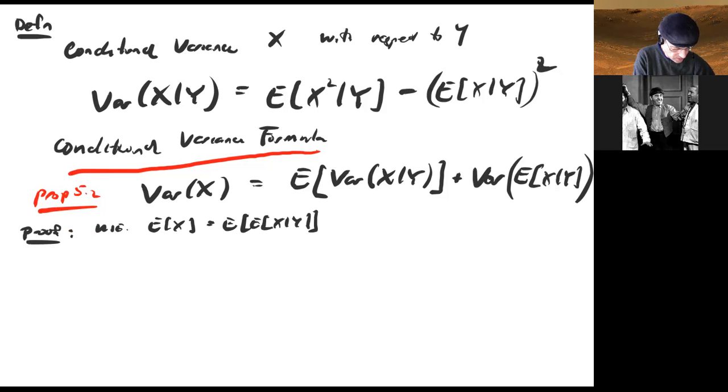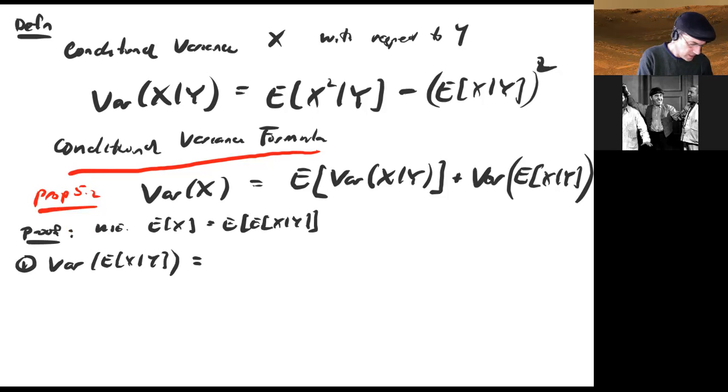There are two steps in the proof. Step one is to calculate the variance, the second term on the right. So the variance of the expected value of X conditioned to Y.